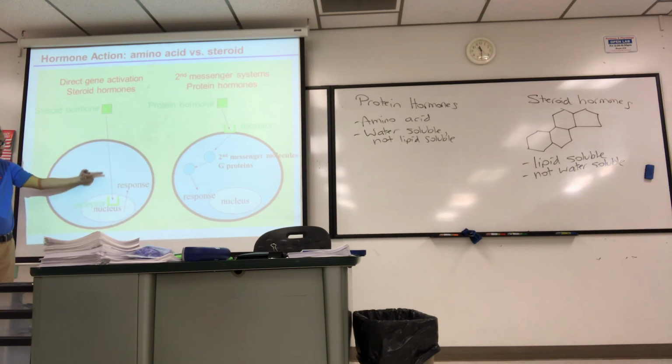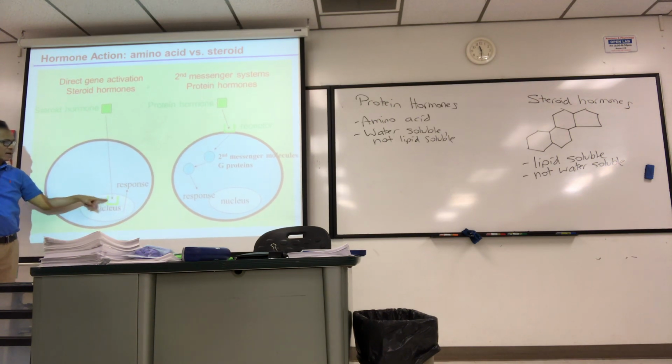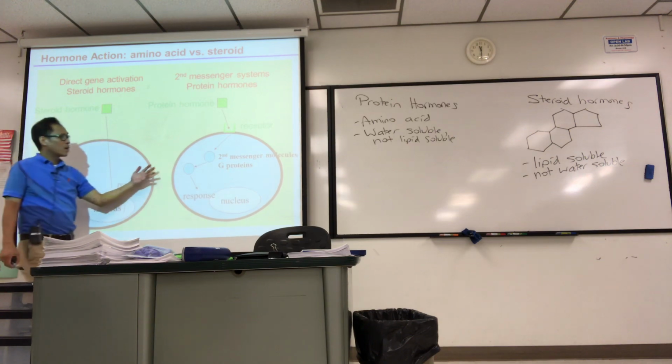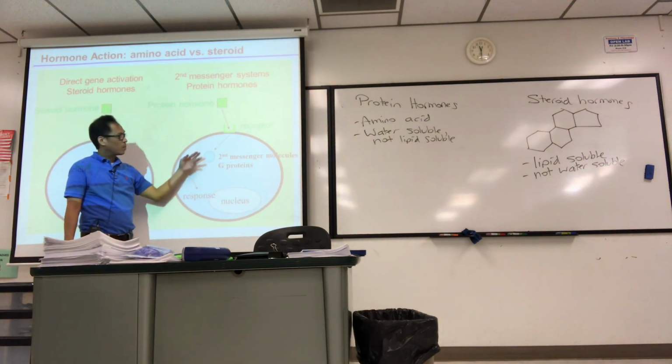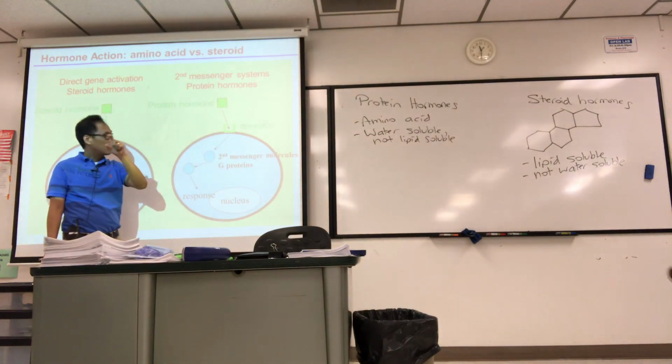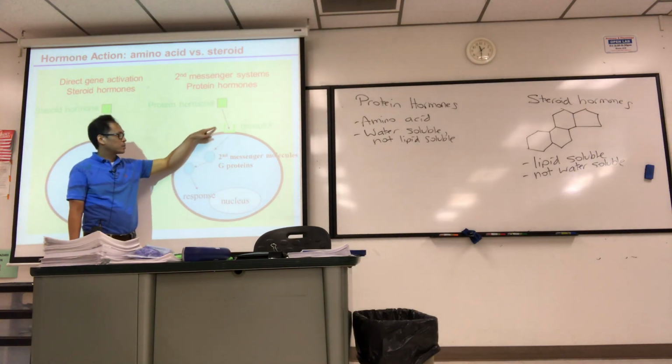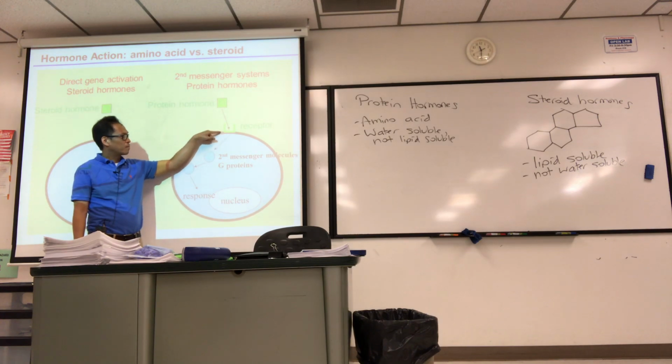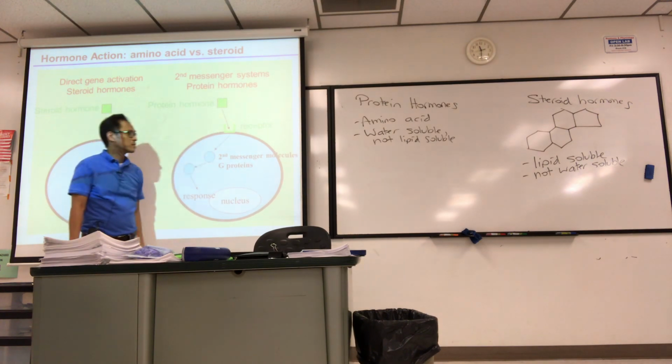It can even go through the nuclear envelope and bind its receptor inside. Protein hormones, because they're water soluble, can't pass the hydrophobic zone of the lipid bilayer. So the cell has to present a surface receptor on the cell surface.